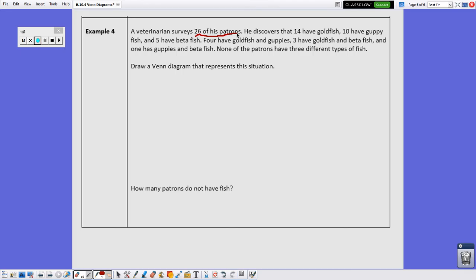He discovers that 14 have goldfish. Now this does not say only goldfish. 10 have guppy fish and 5 have betta fish. Oh boy, then they give us a whole bunch of information. 4 have gold and guppy, 3 have gold and betta, and 1 has guppy and betta.